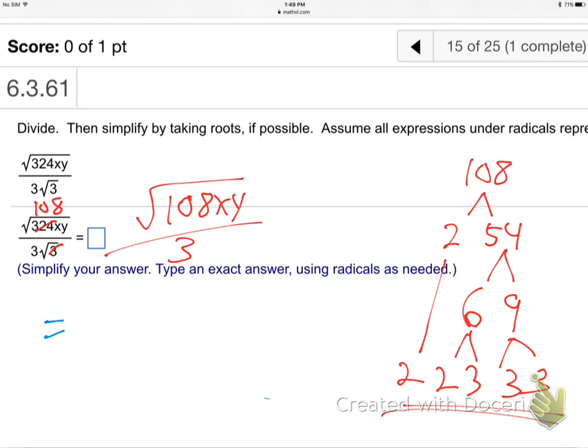So what do we got then? Inside the root we have 2 times 2 times 3 times 3 times 3 over 3. So 2 times 3 goes outside. What's in the hook? Yeah, there's nothing in the hook. That's right. So this is a 2-for-1 deal, isn't it? Everybody good to there? Oh, I left the x and y off.